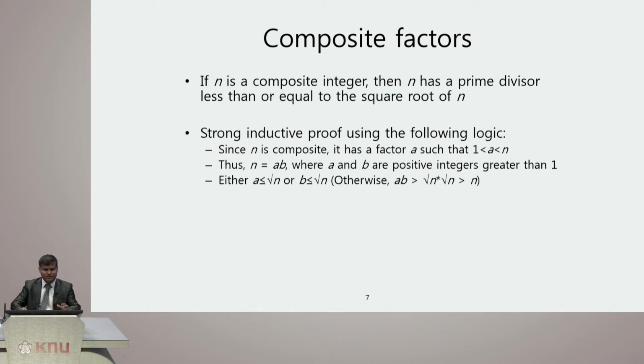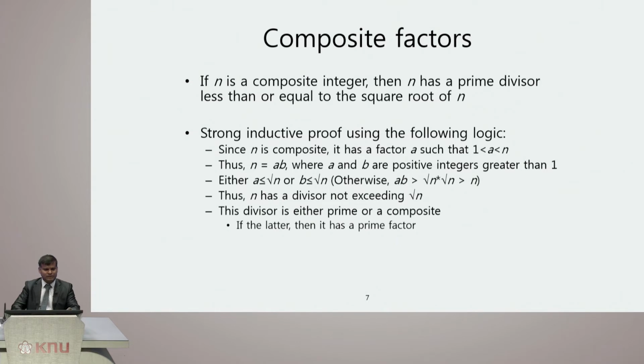So now we are representing either a is less than or equal to root n, or b is less than or equal to root n. Otherwise, a times b is greater than root n times root n, which is greater than n. Let's see this in detail in the coming slides. Thus n has a divisor not exceeding root n.